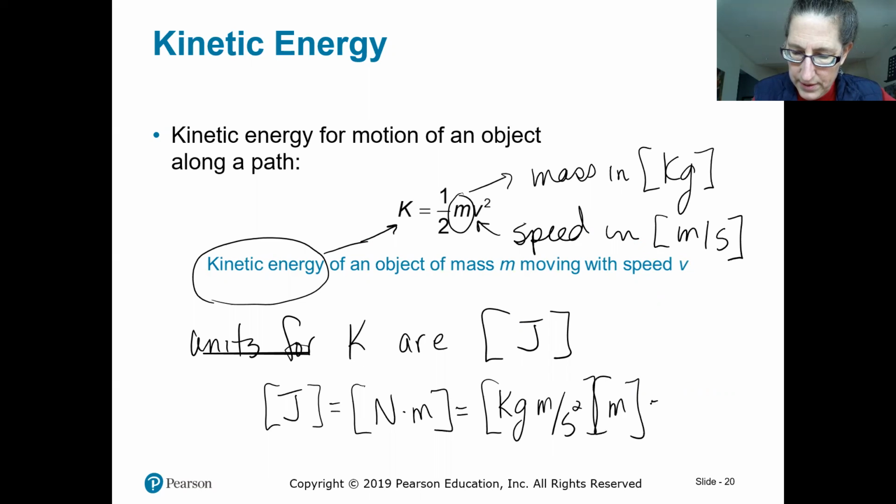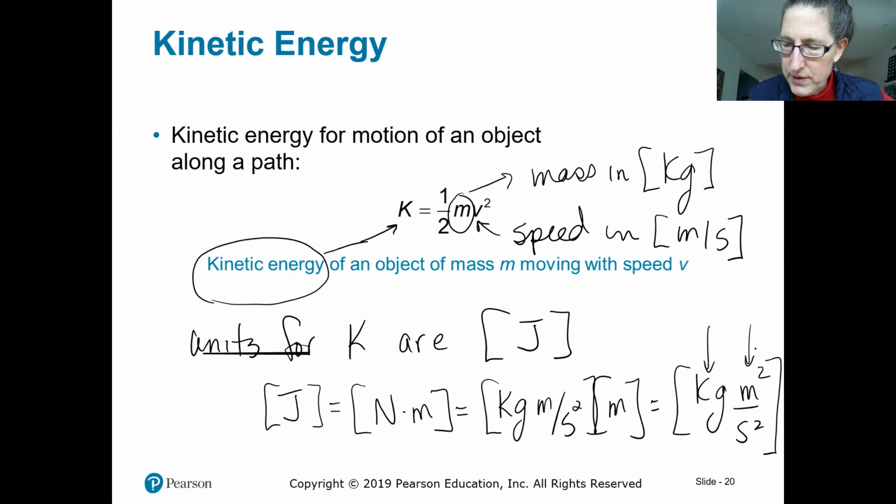Multiply by a meter, and the base units for a joule are kilogram meters squared per second squared. Now look up here at this formula, half mv squared. m would be the kilograms, v squared would be the meters squared per second squared. So this is a way to double check all the formulae for energy. They all have to break down to kilogram meters squared per second squared, and that is a joule.